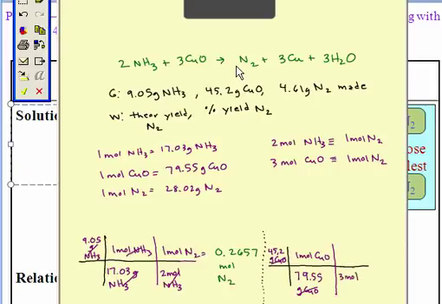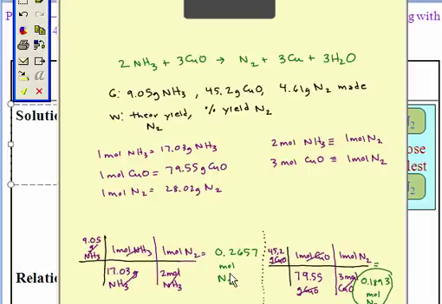So 3 moles of copper oxide will make 1 mole of nitrogen. And my calculator tells me 0.1893 moles of nitrogen, and this is a smaller value than this.